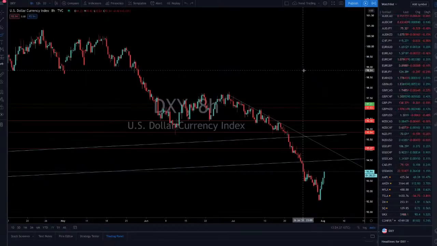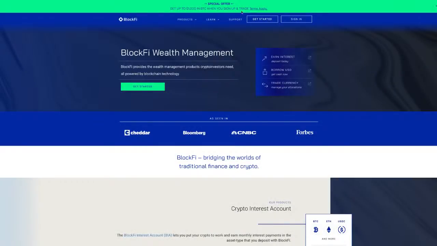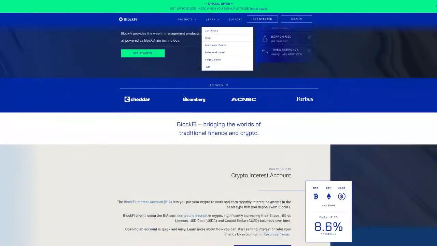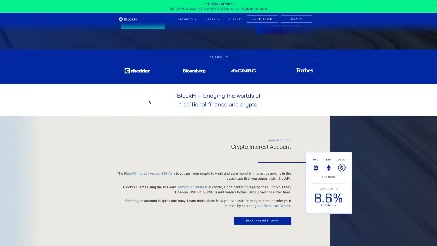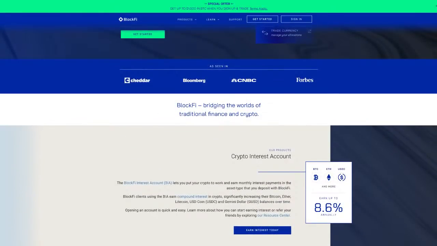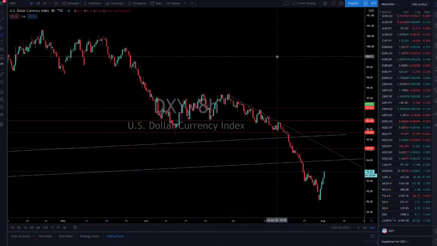Most likely, a large portion of funds are going to be cashed out into a stable coin, collecting 8.6% interest on BlockFi, right? That's what I've been using BlockFi for the past month now. All of my purchases for Bitcoin have come from BlockFi, and most likely I'll be sitting in cash collecting 8.6% interest, waiting for that right time, 15 months to the next halving, when I'm going to step in and reposition myself into Bitcoin.